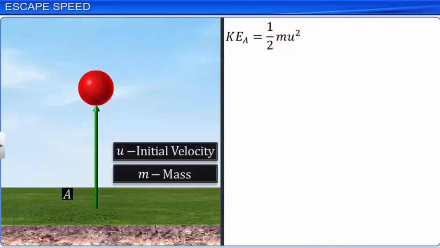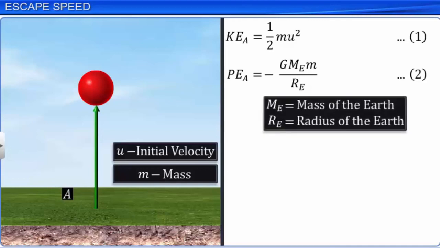The potential energy of the Earth-body system at the Earth's surface is denoted by PE_A is equal to minus G M_E m divided by R_E. Let this be equation 2. In this equation, M_E is the mass of the Earth and R_E is the radius of the Earth.